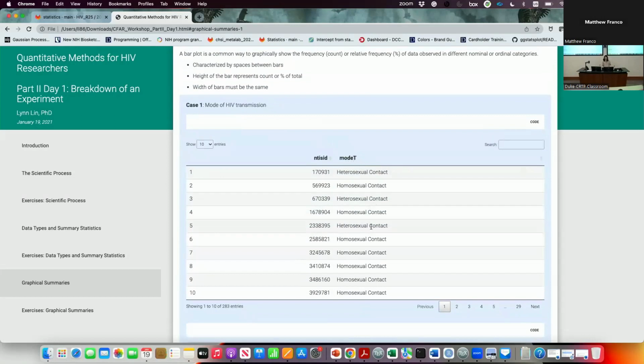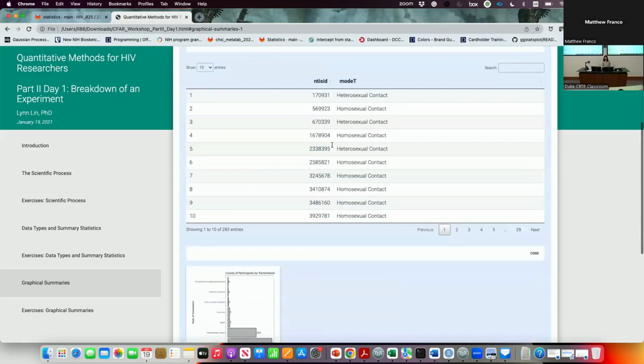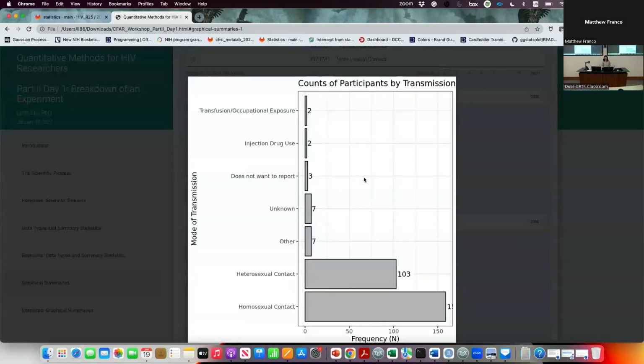So it's categorical. What people do is take either the count or the relative frequency, meaning the count divided by the sample size. So they generate this sort of bar graph. The number of bars here is 1, 2, 3, 4, 5, 6, 7, because for this mode of transmission we have these 7 levels.